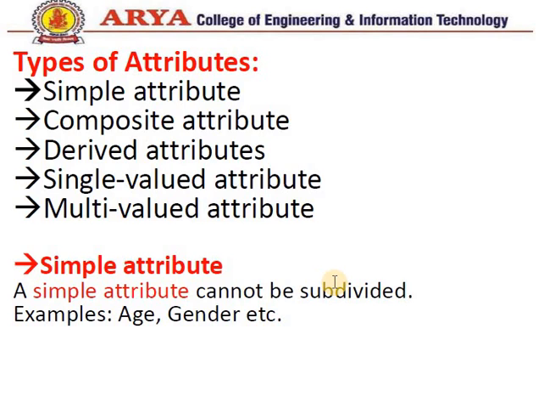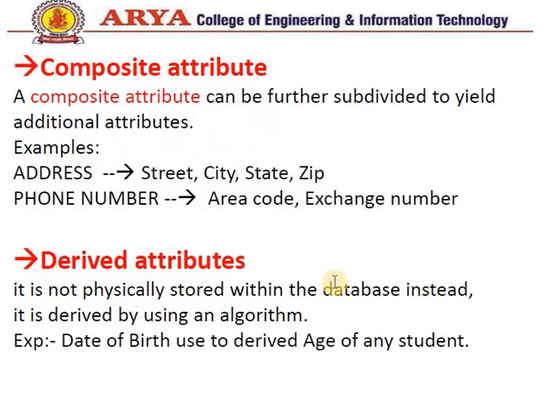It means a single valued attribute. Composite attributes can be further subdivided into additional attributes, like address. Address can be divided into street number, city, state, and zip or pin code number. Phone number can again be divided into country code, area code, and phone number itself.